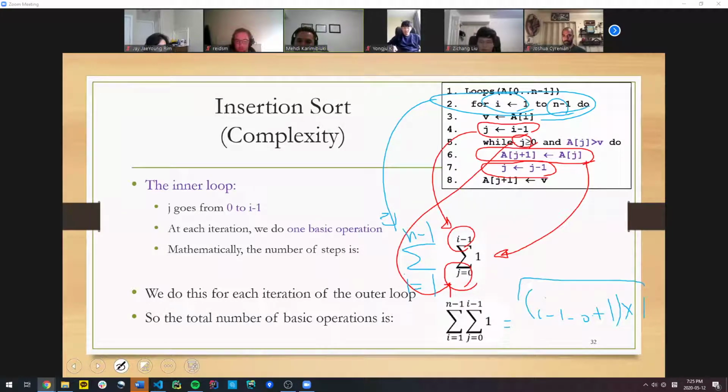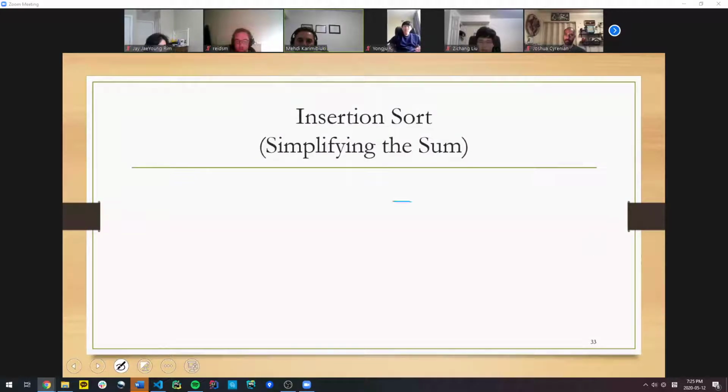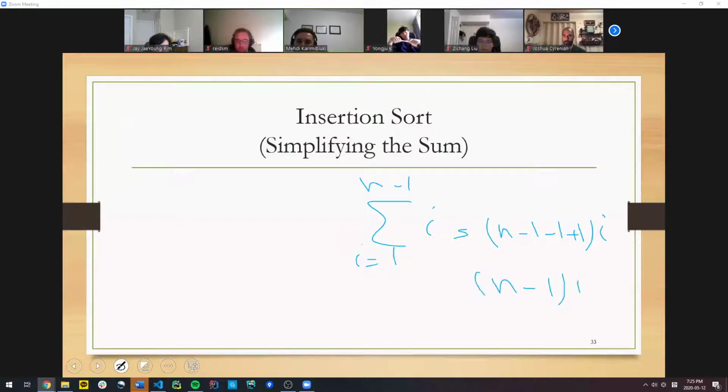So this is going to be i, and then we have i equal to 1 to n minus 1. So you're going to have n minus 1 minus 1 plus 1 times i. So it's going to be n minus 1 times i.